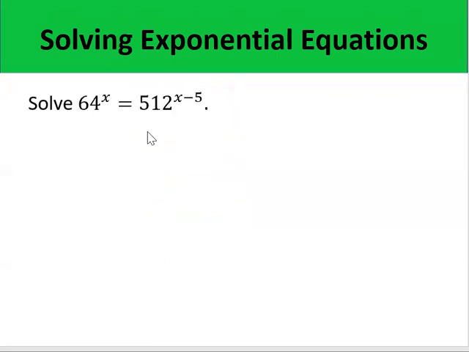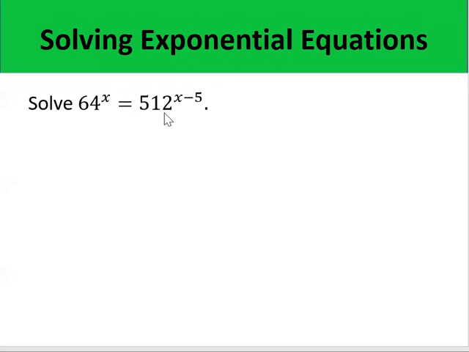Okay, next, let us try to solve 64 raised to x is equal to 512 raised to x minus 5. In the left side, the base is 64, while in the right side, the base is 512.